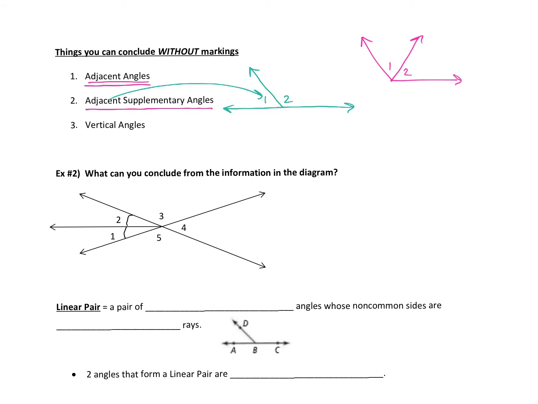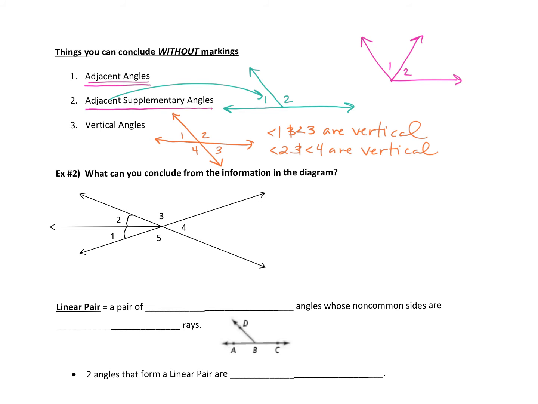The other thing that you're allowed to conclude without any markings whatsoever is vertical angles. If I have a line here and a line here, and angle 1, angle 2, angle 3, and angle 4, they don't have to mark anything for me, and I know that angle 1 and angle 3 are vertical, or angle 2 and angle 4 are vertical angles.